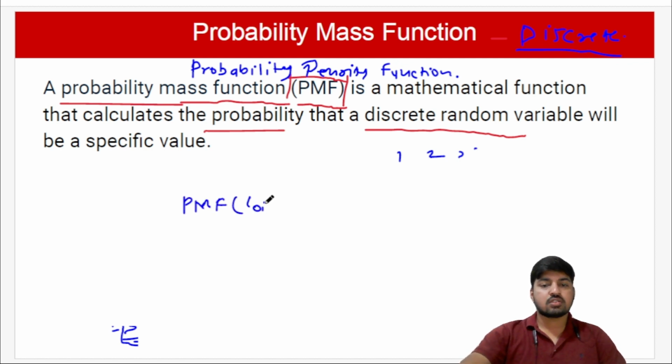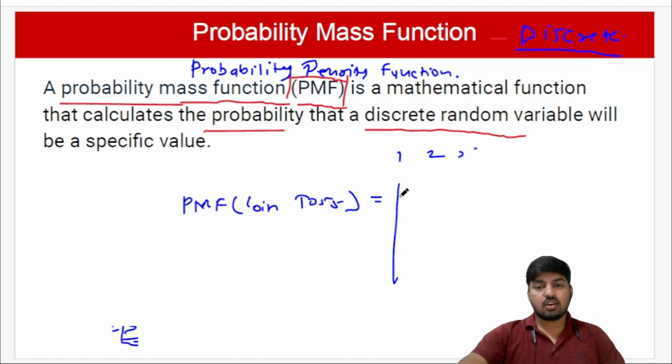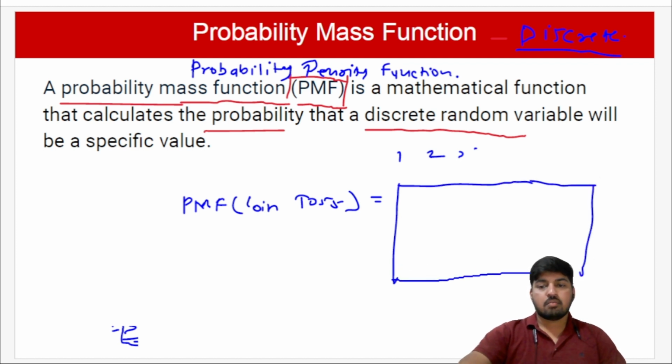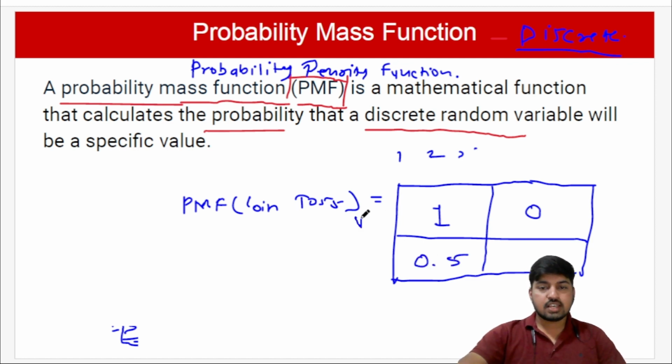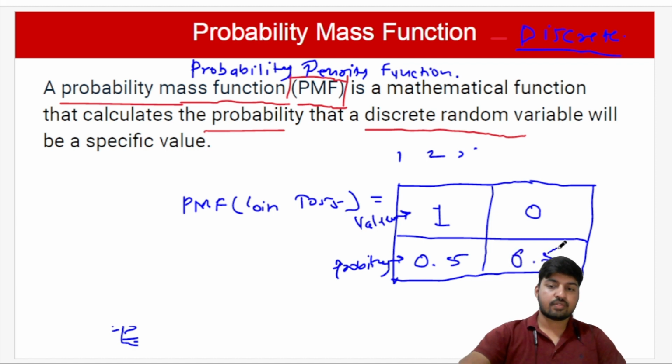of a coin toss will have not only a function, but values with probability. These are the values taken by the random variable, and this is the probability at which the random variable takes that value.